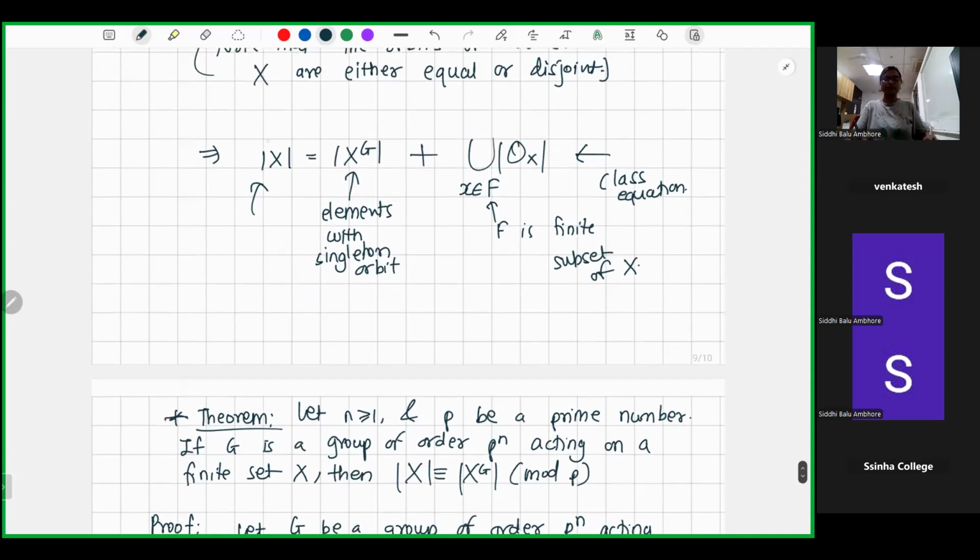I have this, where p divides the order of G. Here for each orbit O_x, p divides O_x, right?